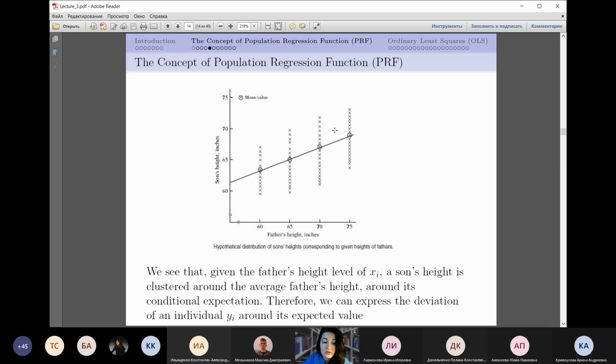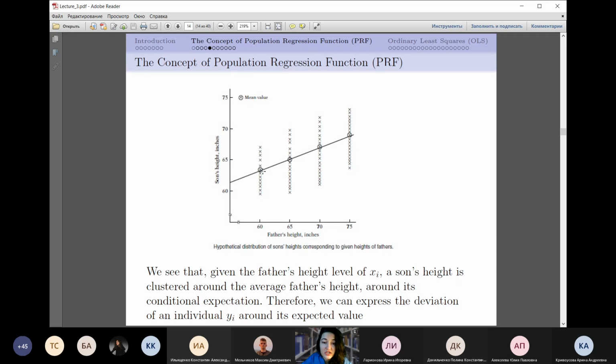This is the population regression line, and it tells us how the mean value of y, or any other dependent variable, is related to each value of x, our independent variable, in the whole population.